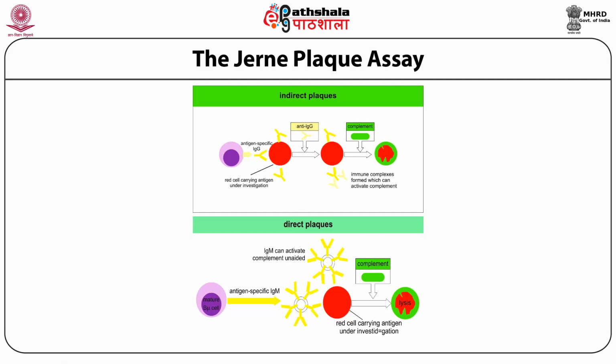In the third variation, which is the reversed plaque assay, this method measures total immunoglobulin producing cells, not just antigen-specific cells. Released Ig binds onto red cells sensitized with anti-Ig. This complex now fixes complement and causes cell lysis.